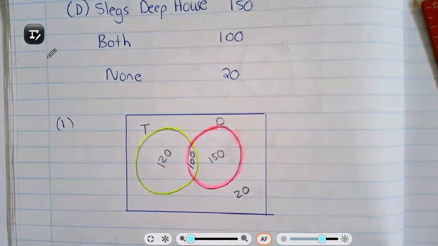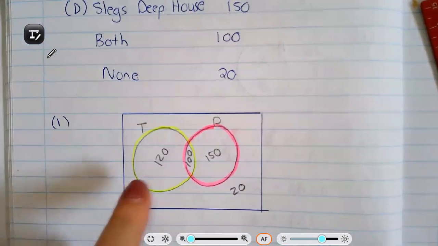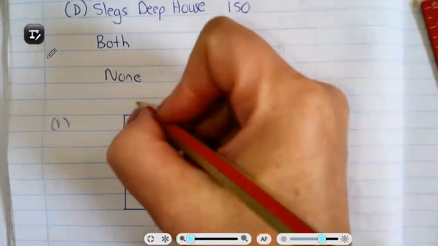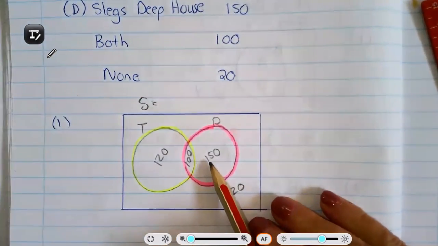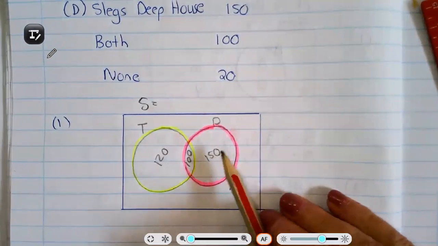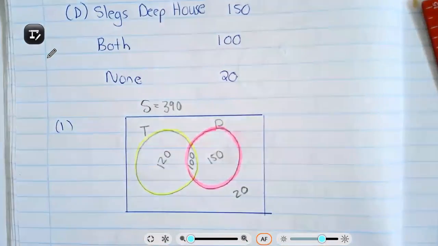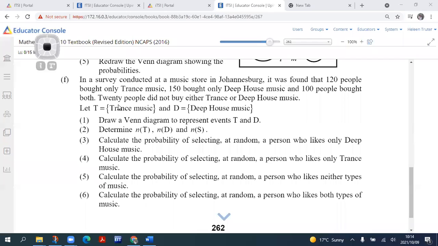Nou kan jy vir my sê nog voor ons aangaan, hoeveel mense was eintlik in daai winkel? En dis 120 plus 100 plus 150 plus 20. Dit gaan jou S wees, jou aantal elemente. 120, 220, 320, 370, 390. Hoekom is dit belangrik? Want wanneer jy die waarskynlikheid wil doen wat hulle nou vra.